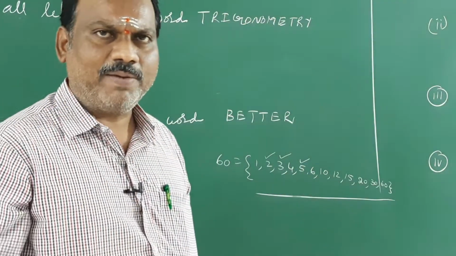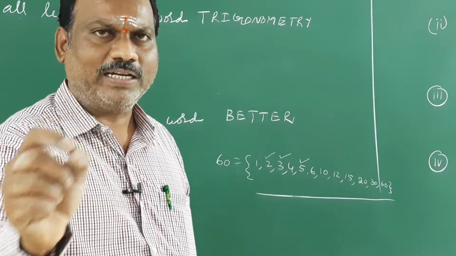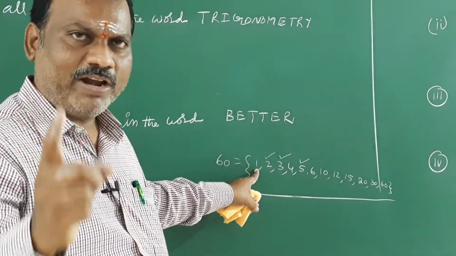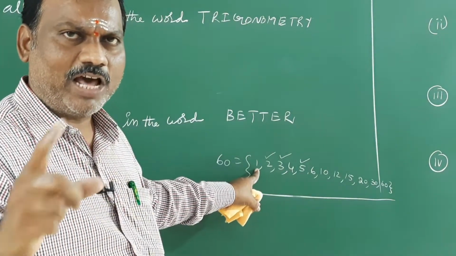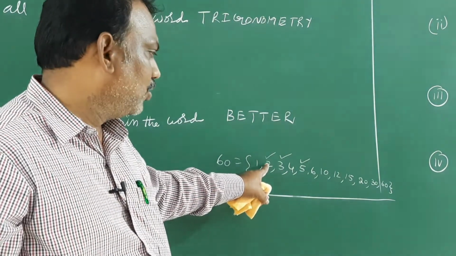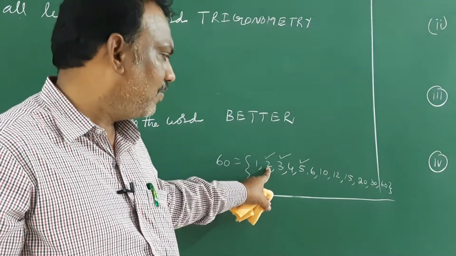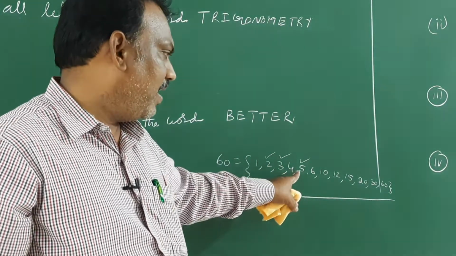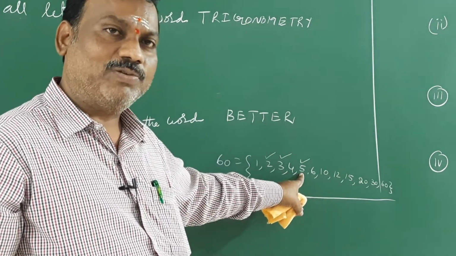I told you what prime numbers are. Exactly 2 factors. 1 has exactly only 1 factor, that's why it is neither prime nor composite, we should not count it. 2 has exactly 2 factors, 1 and 2. 3 has exactly 2 factors, 1 and 3. 5 has exactly 2 factors, 1 and 5.